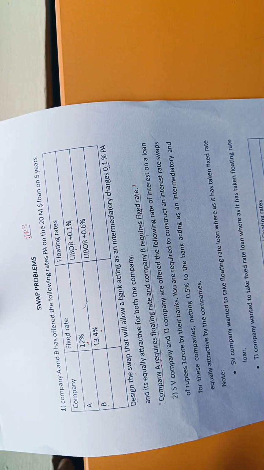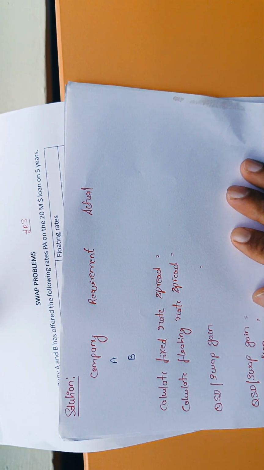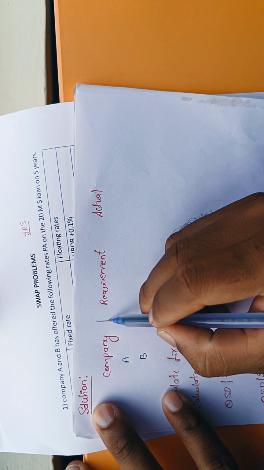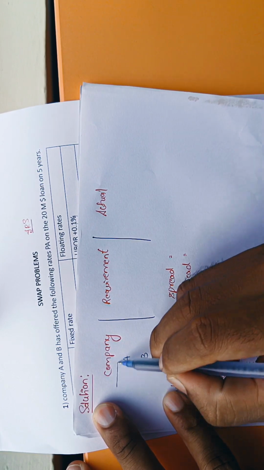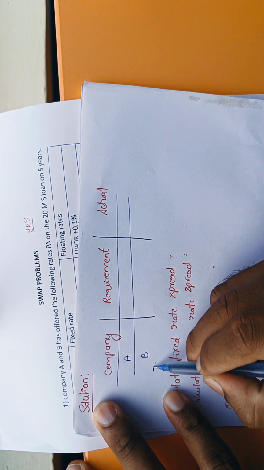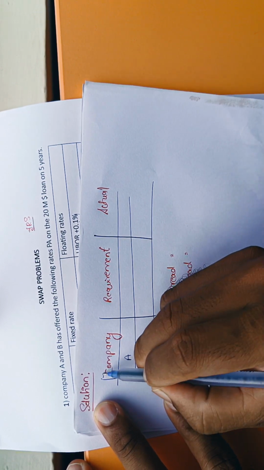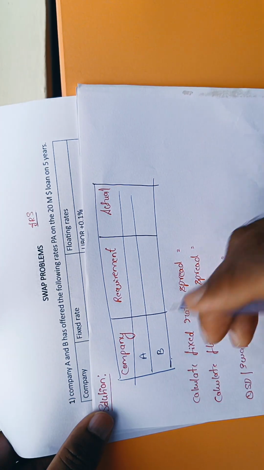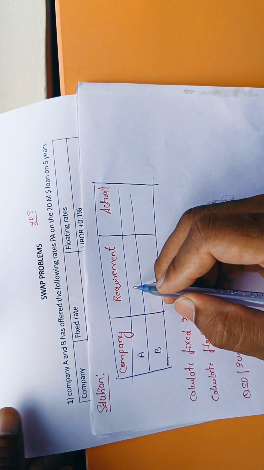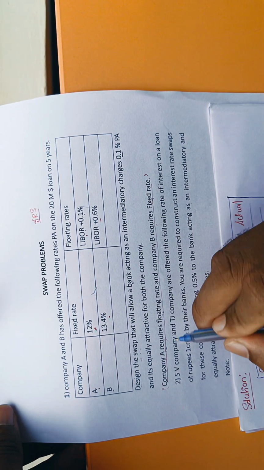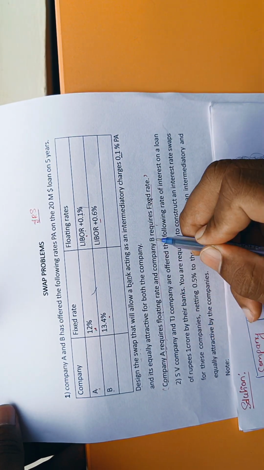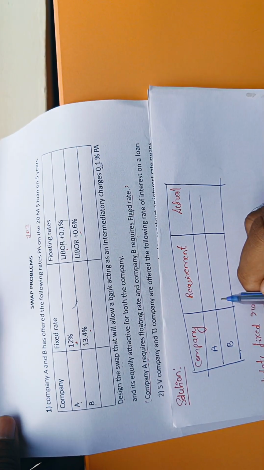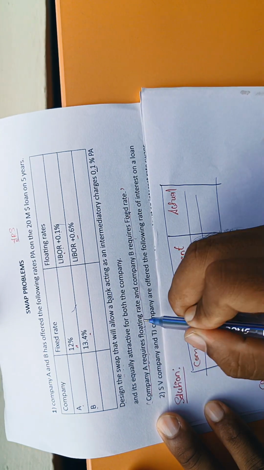Coming to the solution part, first draw 3 columns, and there are two companies. The requirement is given in the question.